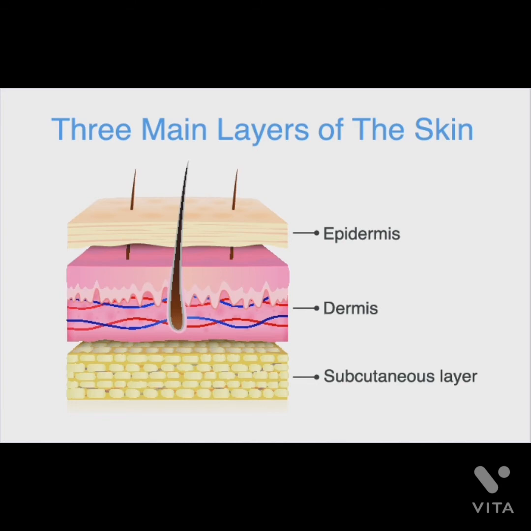So what does the human skin comprise of? The first layer, which we all have and which is visible to us, is the epidermal layer. The epidermal layer itself has many other layers as well. The epidermis is the topmost layer of the skin.